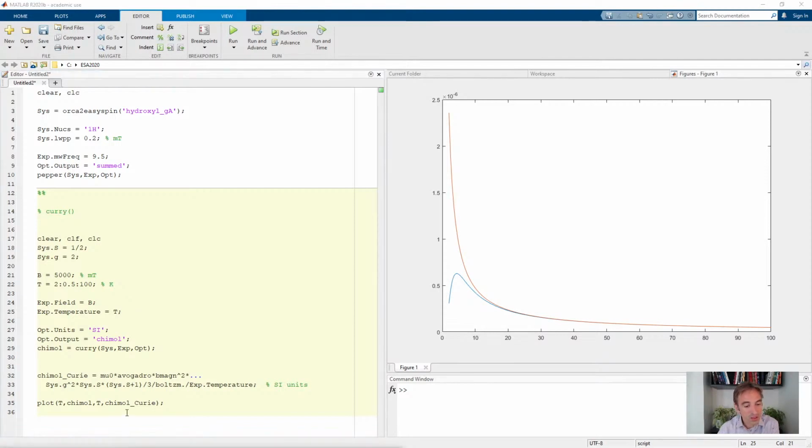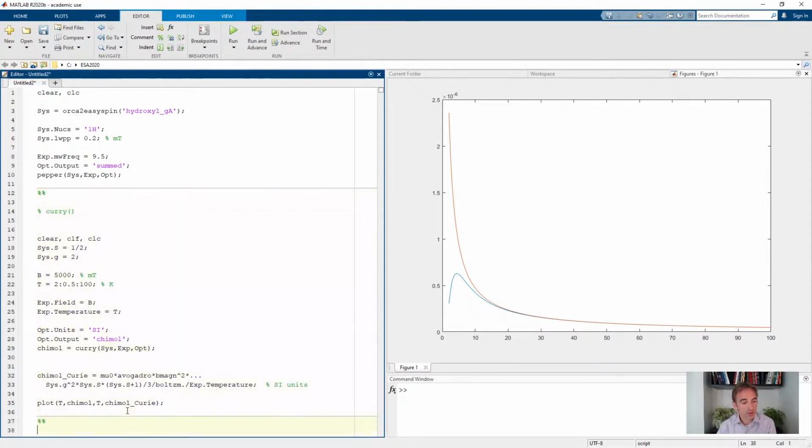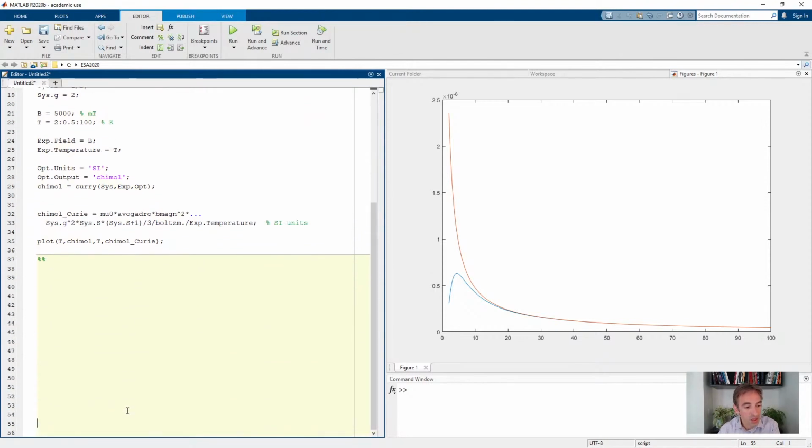One important thing that I want to remind everybody here in this context is exchange couplings. In magnetometry, often you look at exchange coupled systems, and exchange couplings in EasySpin are specified by sys.J. Now, there is a series of different conventions out there for what this J actually means in terms of the spin Hamiltonian.